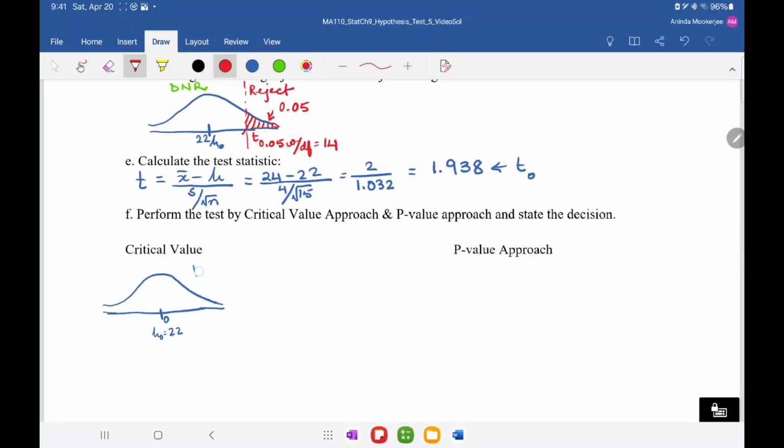Let me use a different color. So this is our reject region. Then the do not reject region is to the left side, the other side of reject, and the area corresponding to the reject region is 0.05. Now this is a t-test, not a z-test, so we have to remember to find a t value.